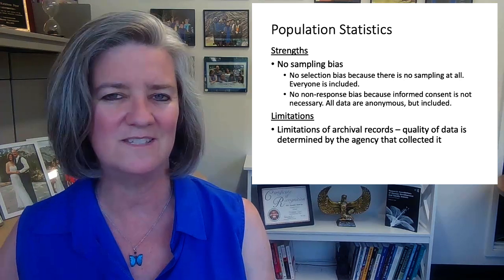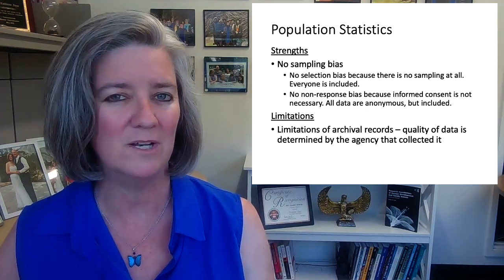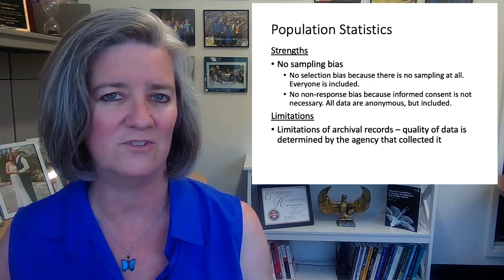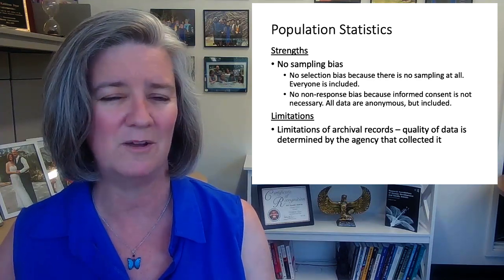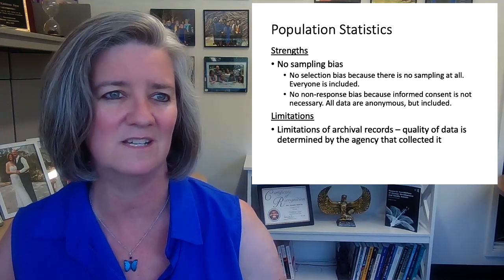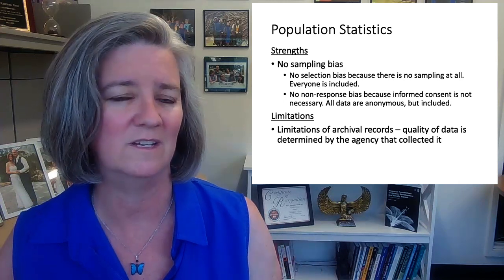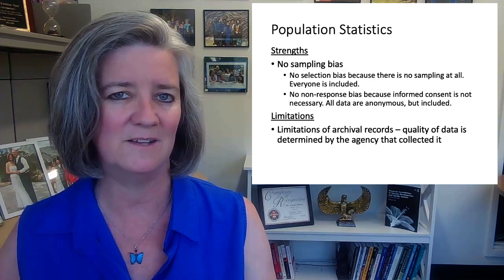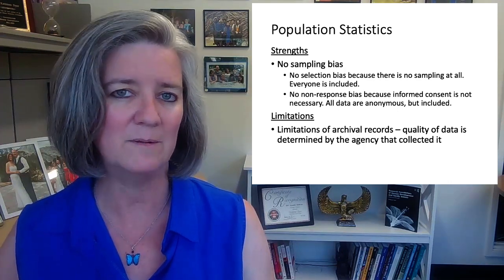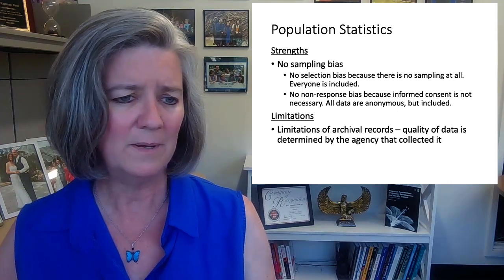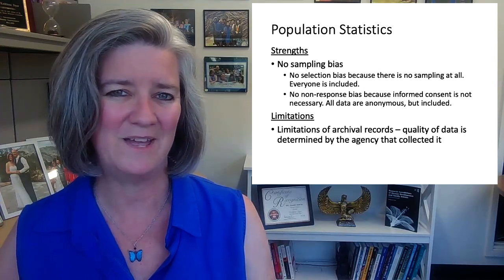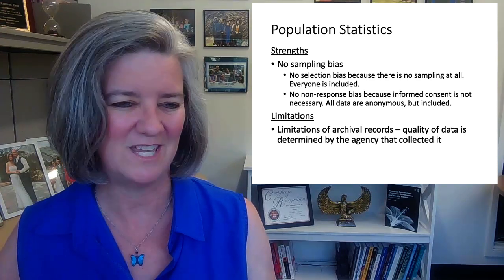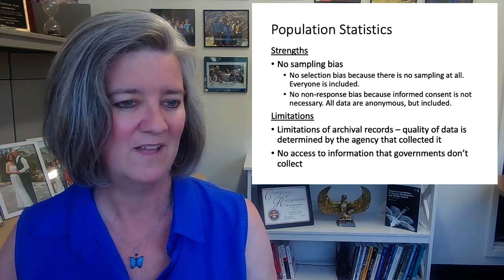The general consensus is it doesn't happen that much in almost any country anymore. Since about 1960, vital statistics have been quite good in most of the world. So in that case, we can depend upon that data. But not always can we depend upon the quality of archival record data.